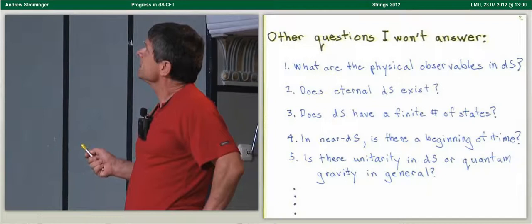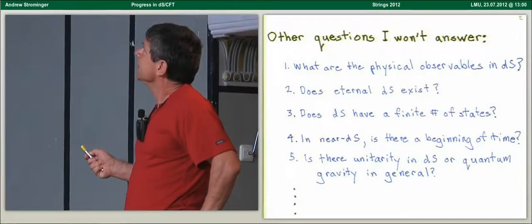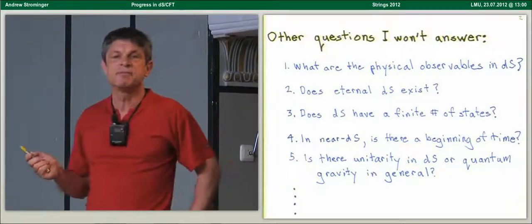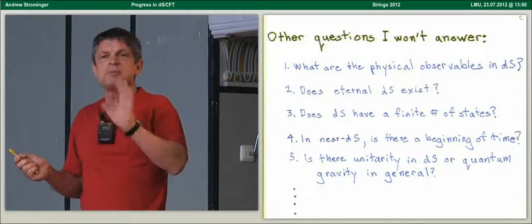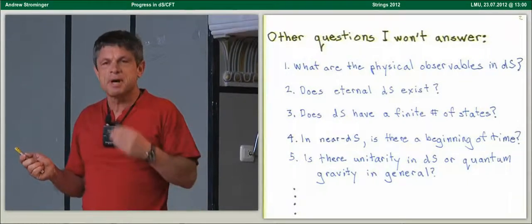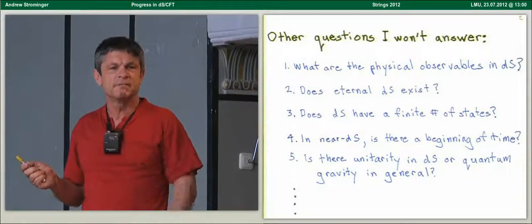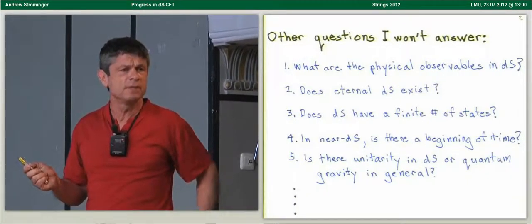And I'd like to point out that that idea, that this is the set of observables in anti-de Sitter space, probably, I don't know the history so well, but probably emerged with recent developments of the AdS/CFT correspondence.